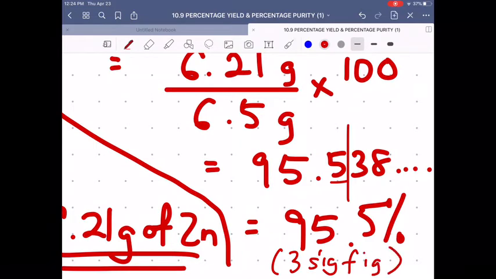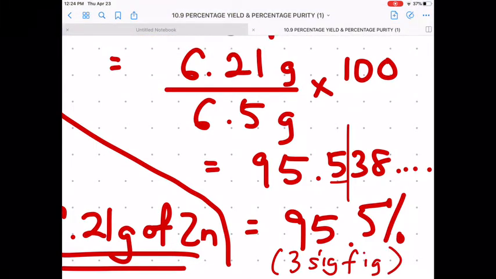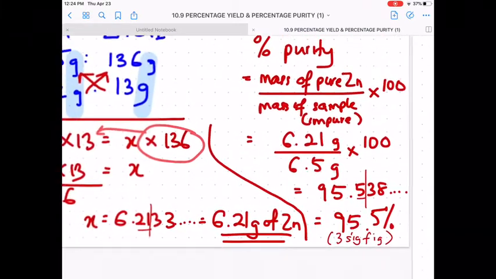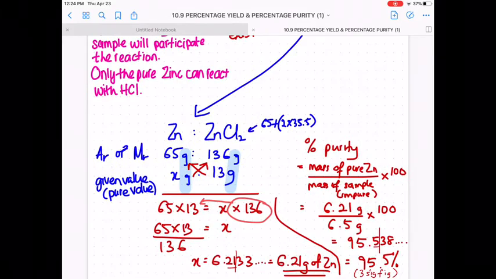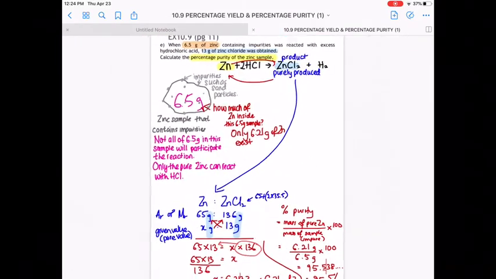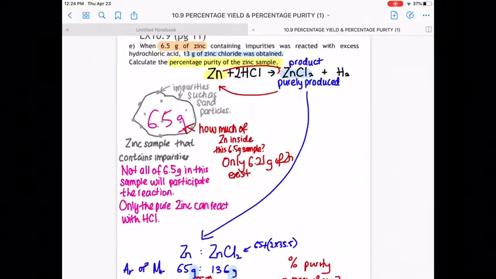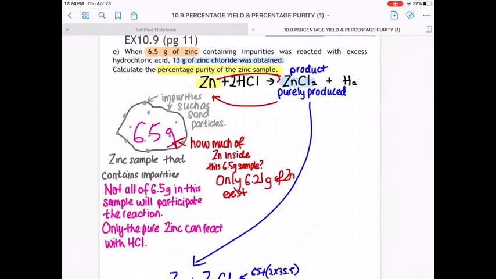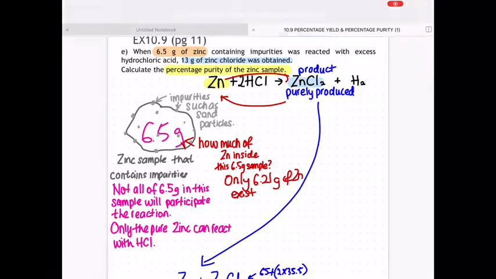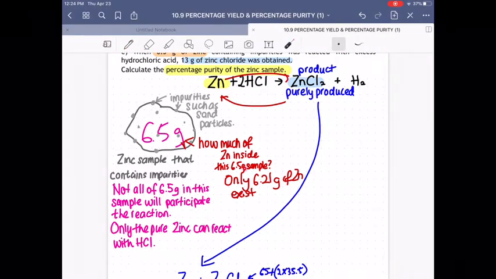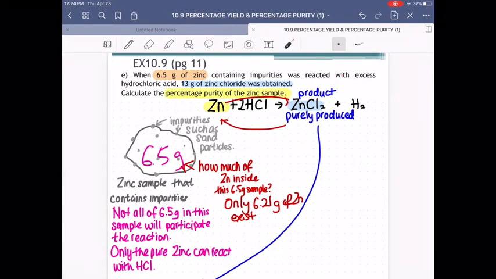Alright, sorry for the messy view, but in your notes I will prepare better, nicely organized written notes for you to read. So here's the overview. To understand again the question, 6.5 is the zinc with the impurities.